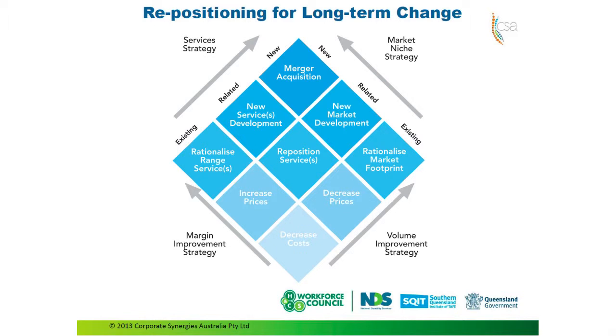Repositioning for long-term change is the same for any organisation, be you not-for-profit or a commercial organisation, large or small. There really are only 4 big picture strategies that we can employ. The first is to improve our margins.